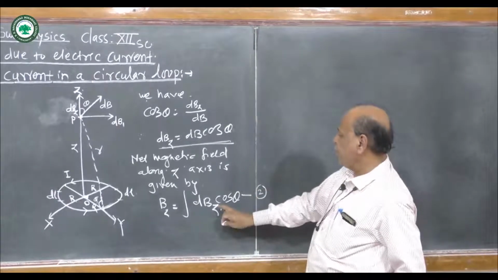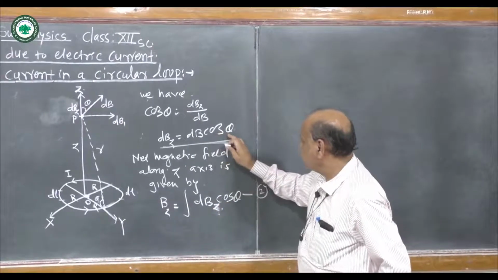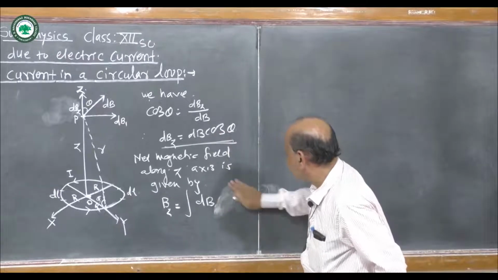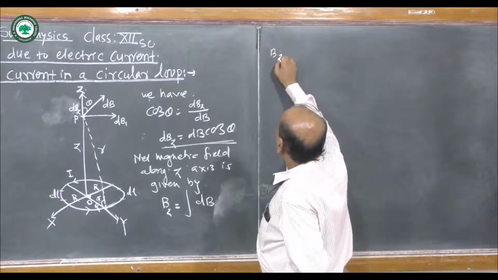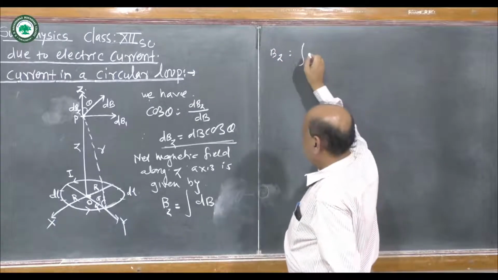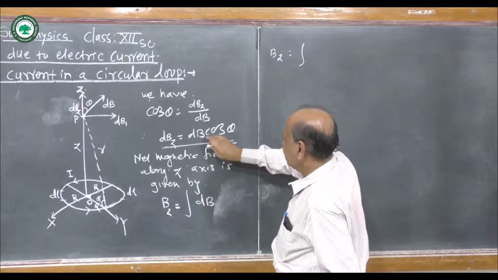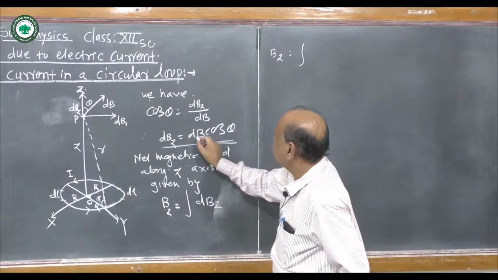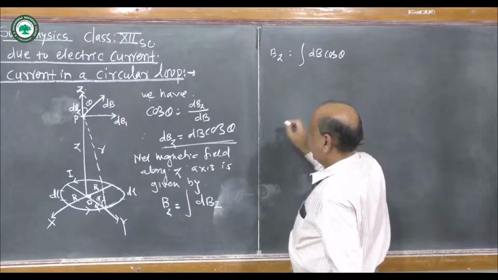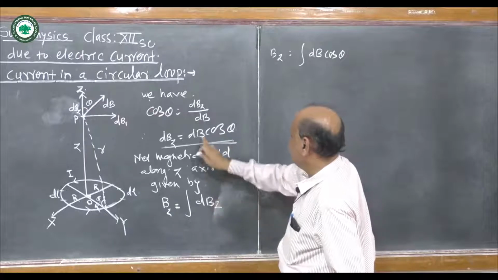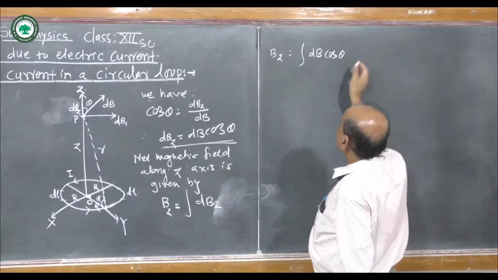Now putting the value of dB, we continue this equation as Bz is equal to the integration of dBz, that is dB cos theta.